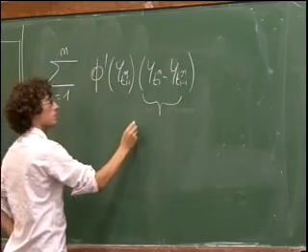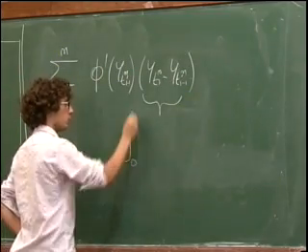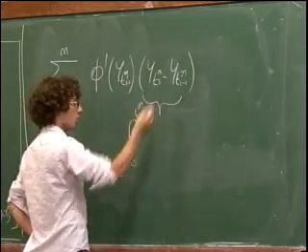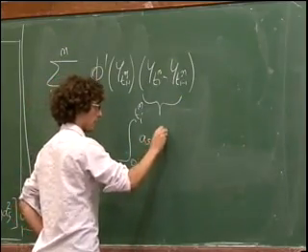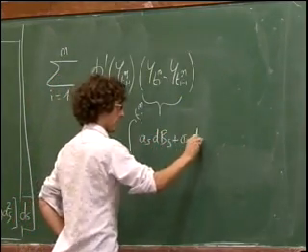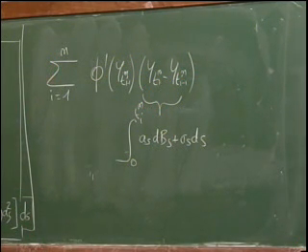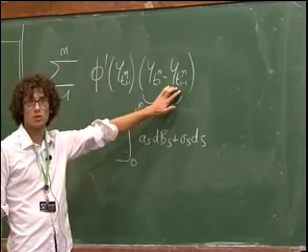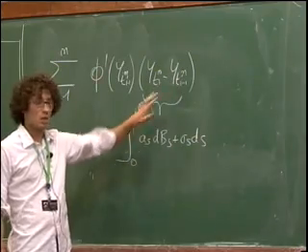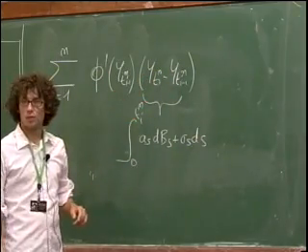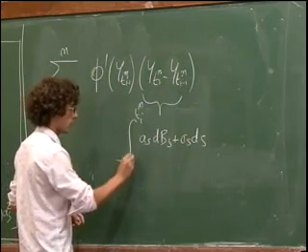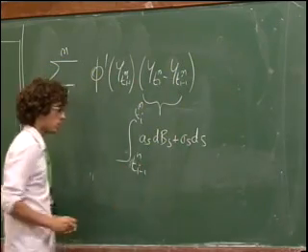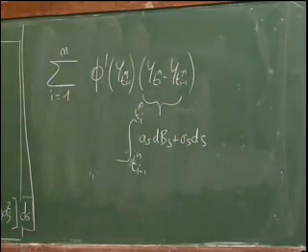So what is that first? This is the integral between 0 and t_i^n of a_s dB_s plus sigma_s ds. That's the definition of Y_t. And the second thing is exactly the same thing up to time t_{i-1}^n. So, instead of writing the difference, you can just write that it's equal to this. Okay?